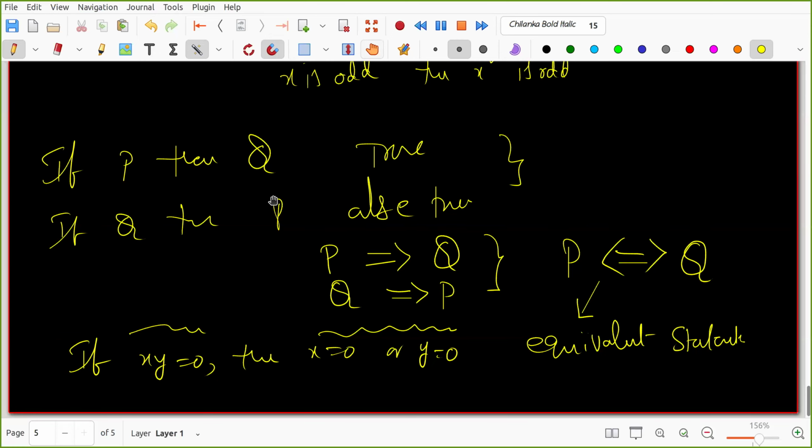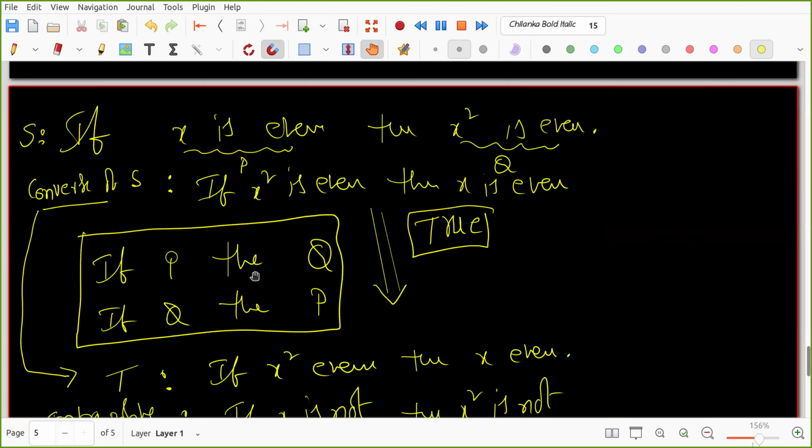So why did I give this example? Now all of you check and discuss. The original statement and the contrapositive are equivalent. Equivalent means both are true at the same time, or both are false at the same time. If one is true, the other is true. If one is false, the other is false. So if they are equivalent, what is the advantage?